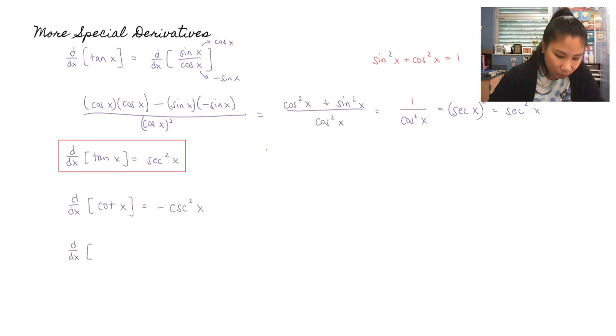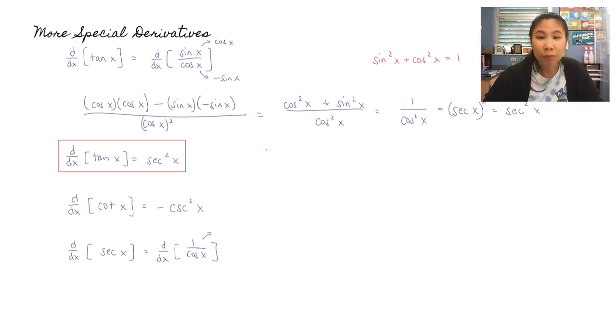With secant of x, we can also use the same method, because secant is just 1 over cosine of x. And so using the quotient rule, the derivative is 0, because the derivative of a constant, of just a number 1, is just 0. The derivative of cosine is negative sine x.